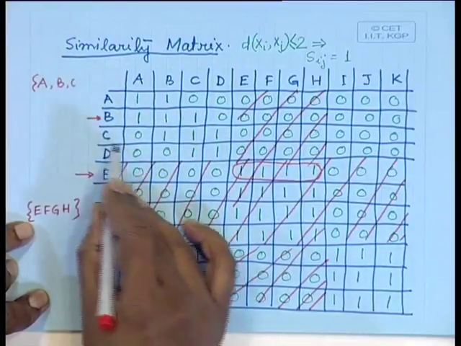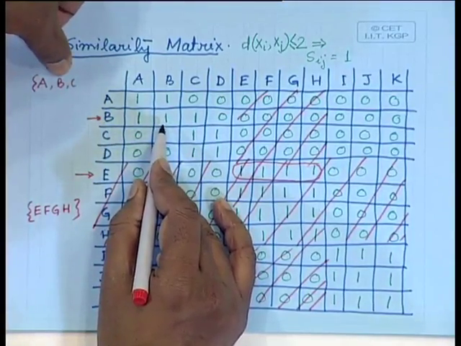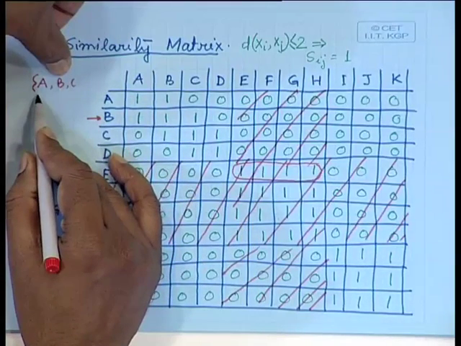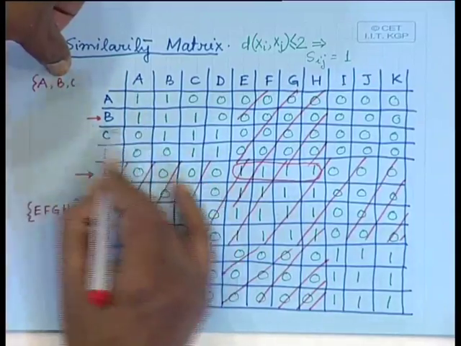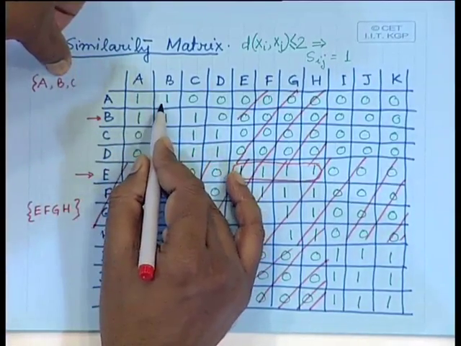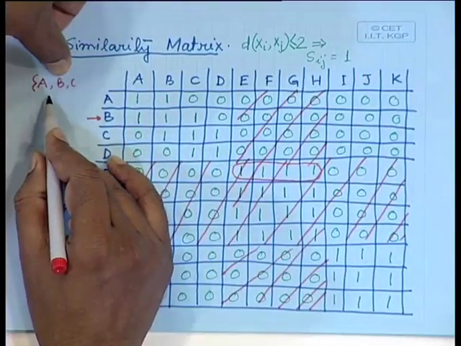And I have considered row B. So, the row corresponding to B is already considered. I have to come to the row corresponding to this feature vector A, and I have to put into the same cluster all the points where I have a 1 in this row. Those points are A and B, which are already included.